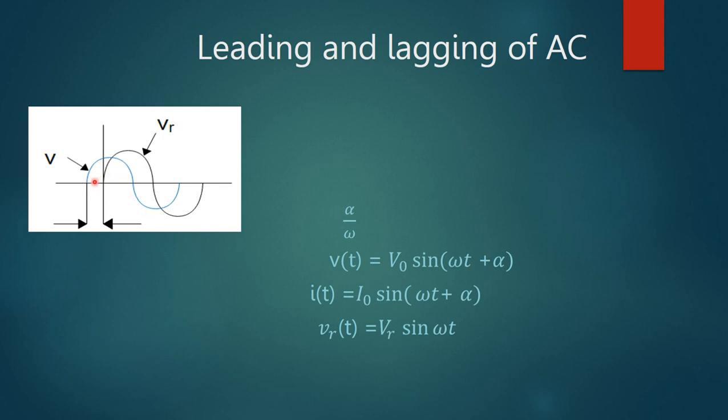Now this amount is said to be the lead of voltage v(t) with respect to the reference voltage. This is the reference voltage Vr, which is Vr sin omega t.